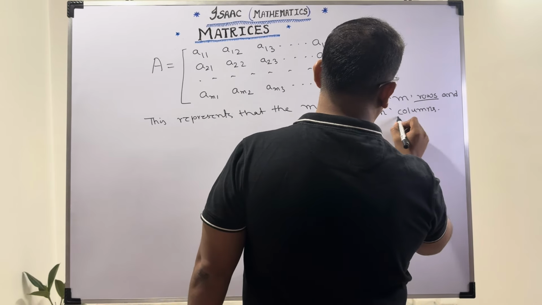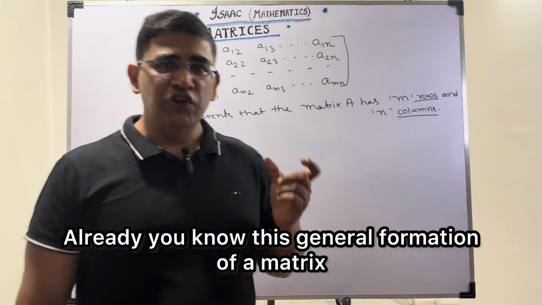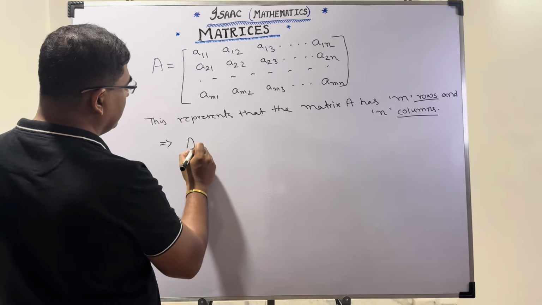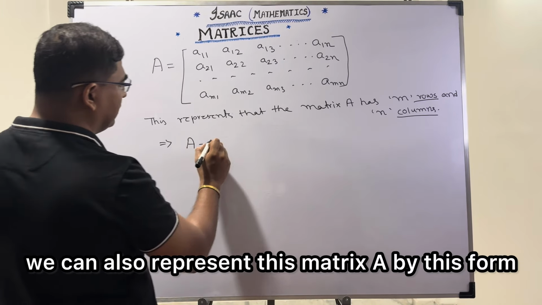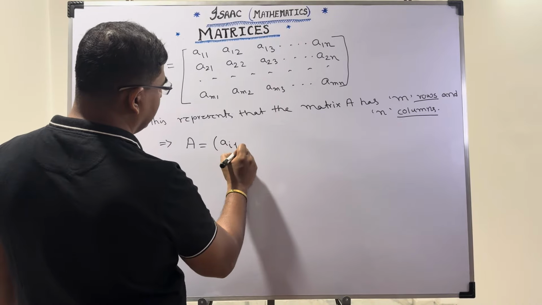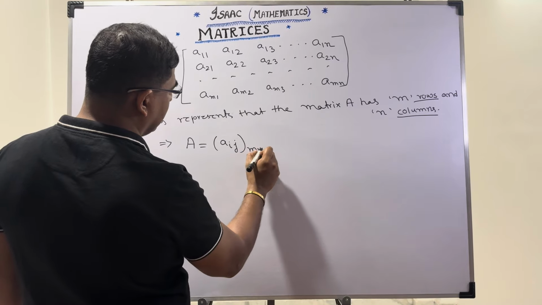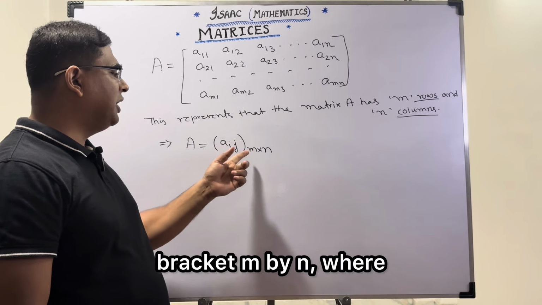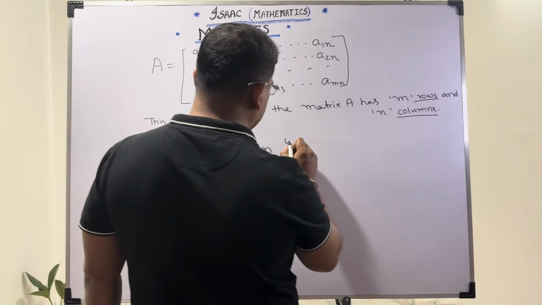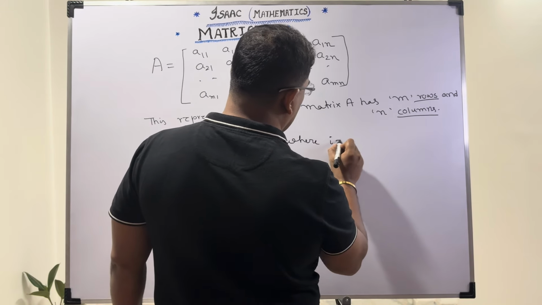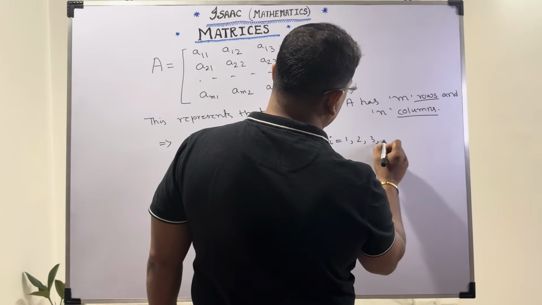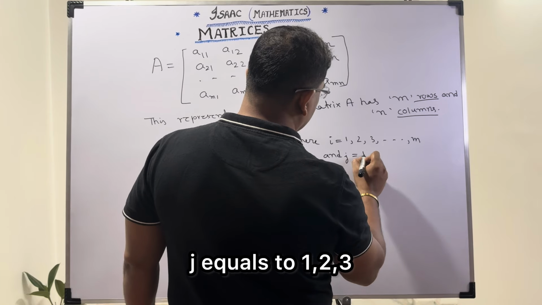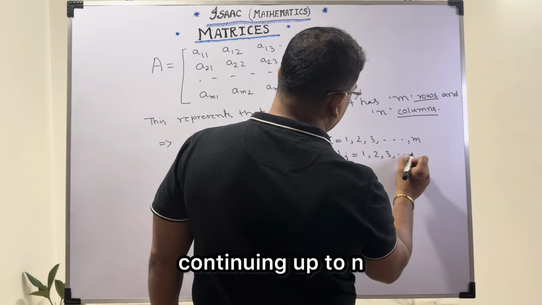Already you know this general formation of a matrix. In a shorter way, we can also represent this matrix A by this form. Matrix capital A equals to Aij within first bracket m by n, where i equals to 1, 2, 3 continuing up to m and j equals to 1, 2, 3 continuing up to n.